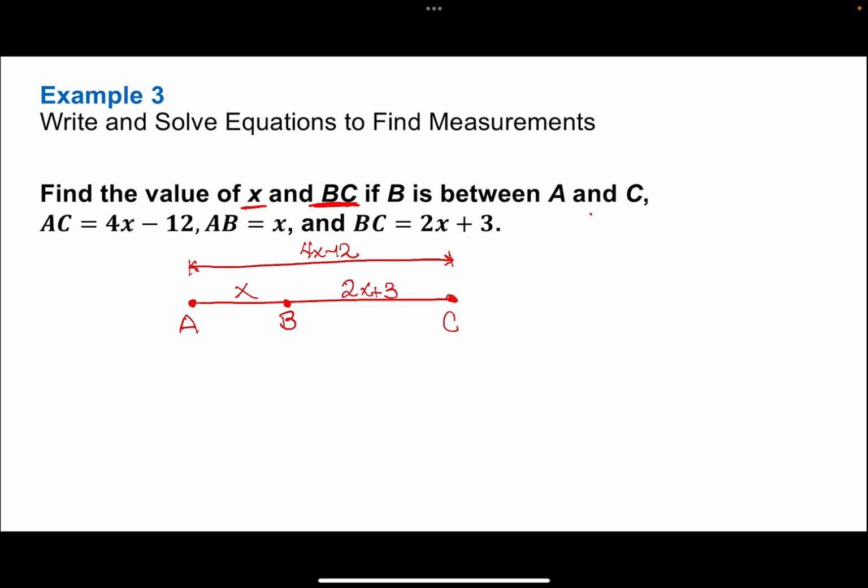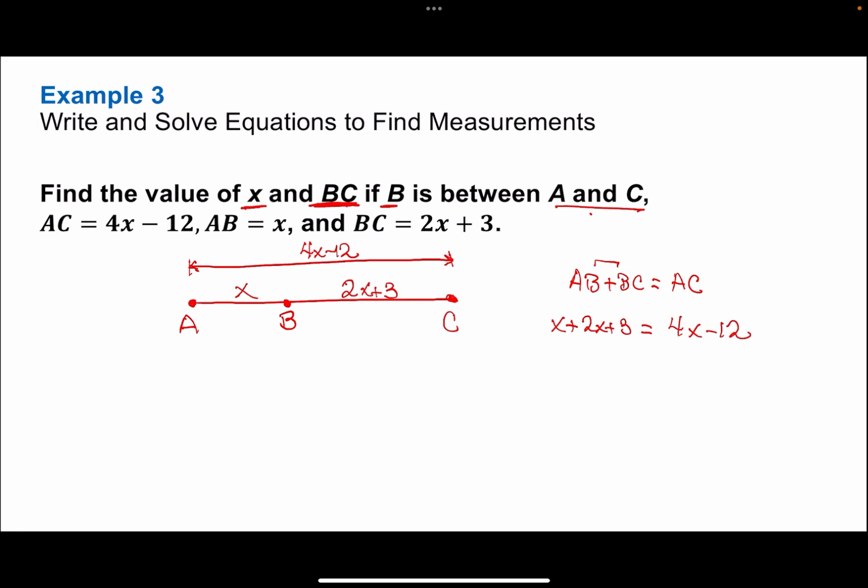Well, now that we have a visual of it and we've placed things in the proper spots, we can see that if we added the distance between A and B to the distance between B and C, because B is in between these two, those two together should add up to the distance between points A and C. So if I add x to 2x plus 3, I should get the 4x minus 12.